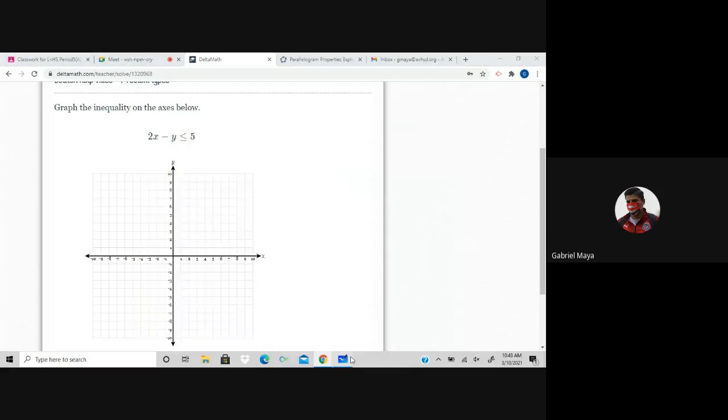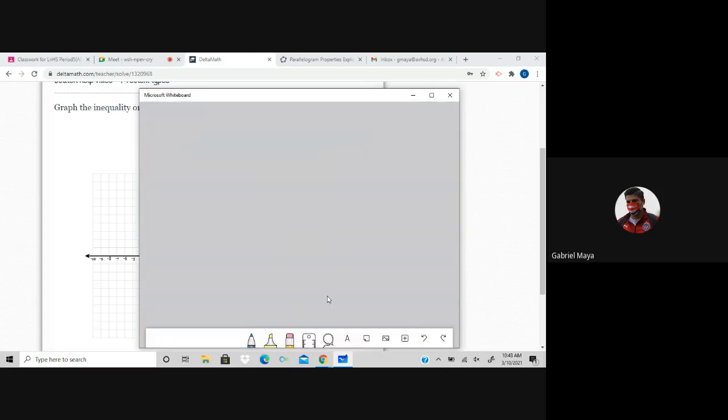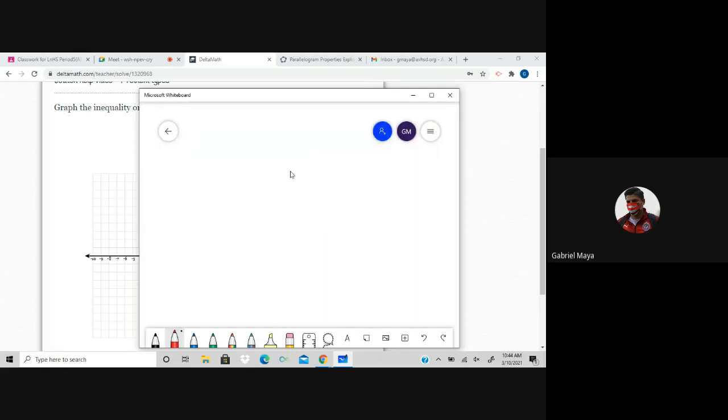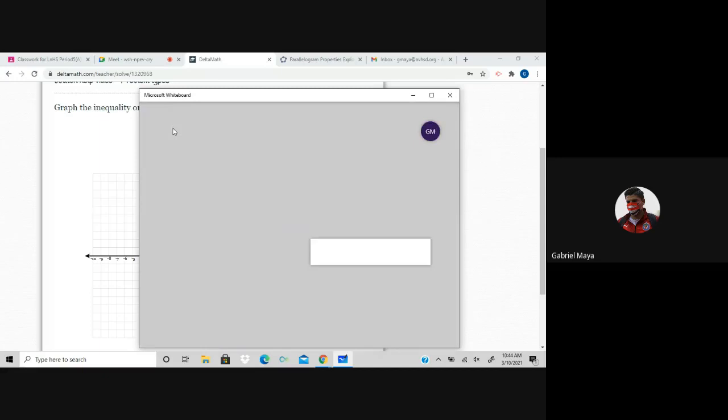Oops. Why does this thing take forever? I should have opened it before. And okay. Let's clean this up, actually. Let's see. Let's use a new one.